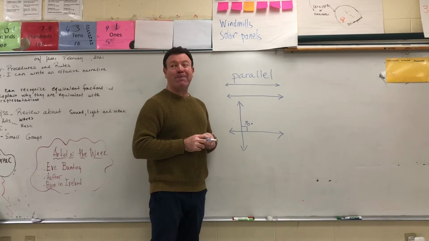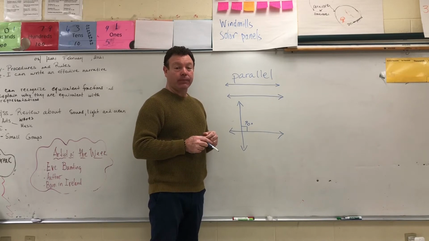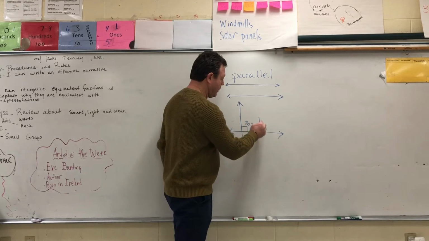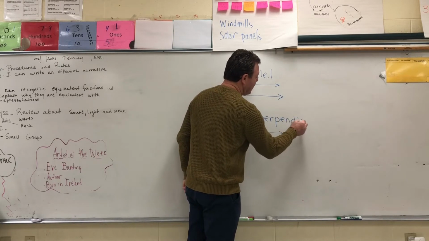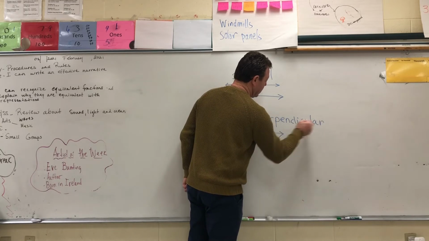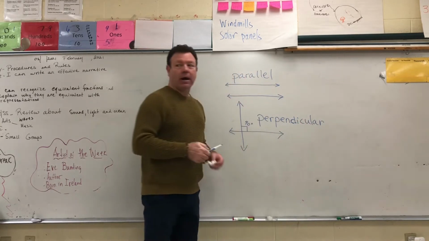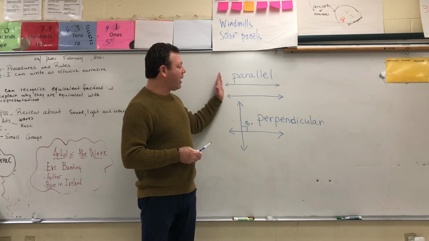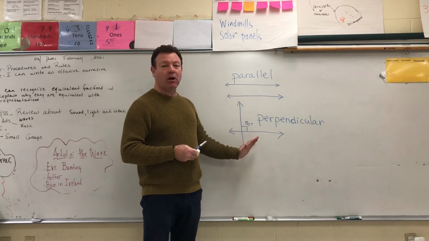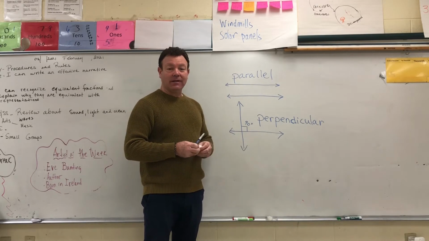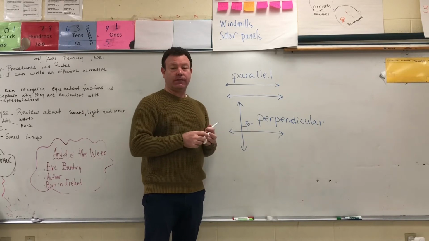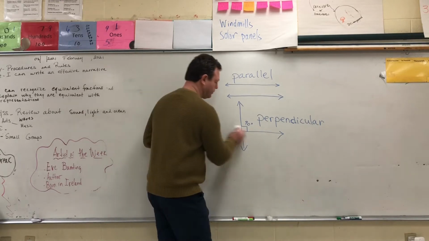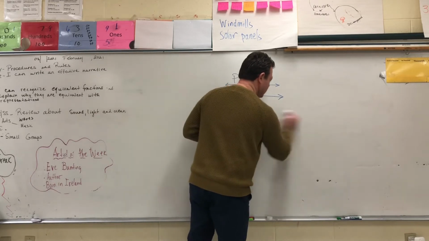It also starts with a P. They are perpendicular. They're perpendicular lines, okay? So here are parallel lines and perpendicular lines. Understanding this is extremely important to understanding the 2 types of waves, okay? I'm going to erase this.